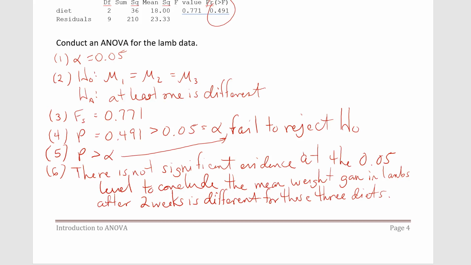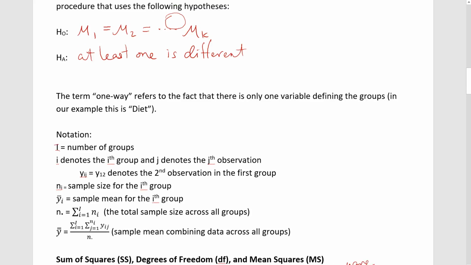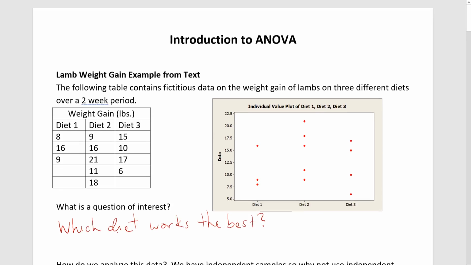All right, so that's the ANOVA test. What happens with the ANOVA is, if you fail to reject, then you didn't find any significant differences anywhere between the means. And you can imagine from our scatter plot that we began with, it doesn't look like there's a significant difference.